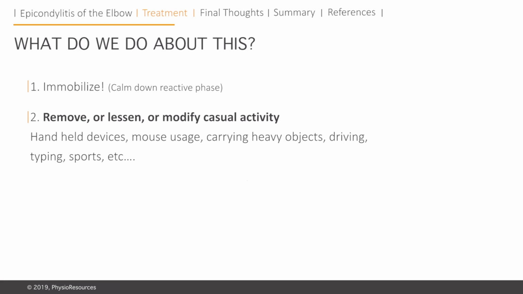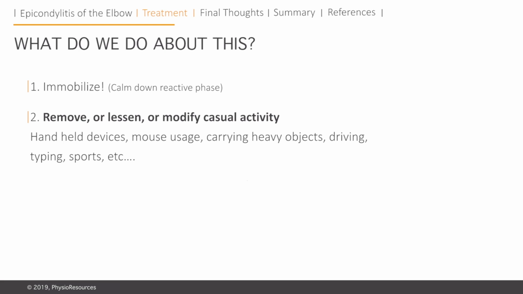So it's crucially important that the patient understand that certain activities need to be minimized or preferably eliminated, at least for the short term. And this may take some convincing on our side to get these patients on board, but I think this is really crucial, especially in this early phase of treatment.